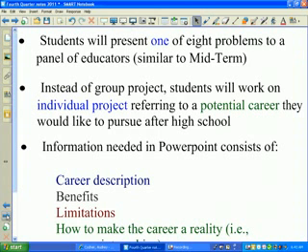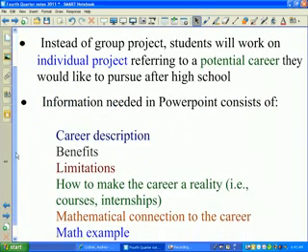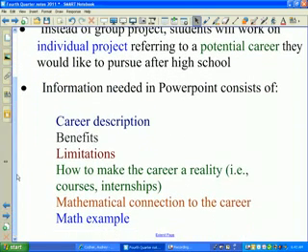The other part is going to consist of students doing a PowerPoint presentation based on a potential career. So the things that I have listed below, students are really going to need to copy these things down. The career description. So they're going to give me a brief description.